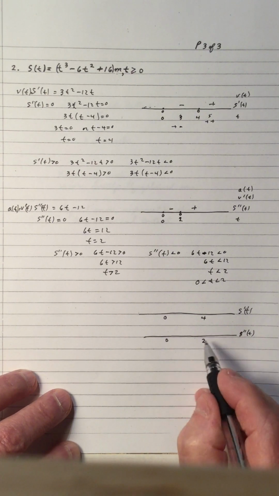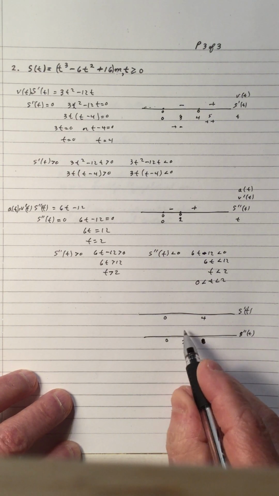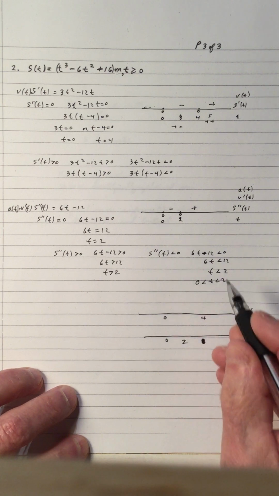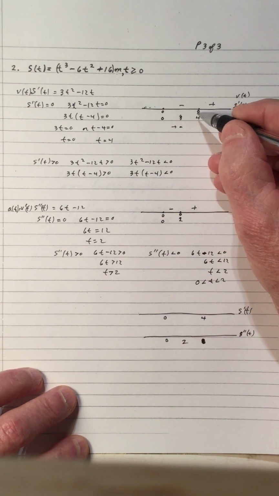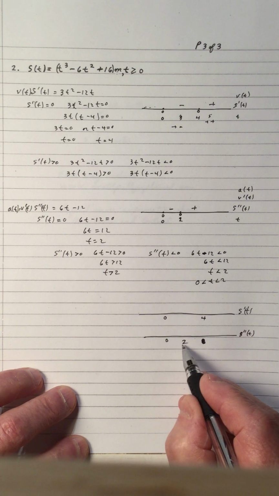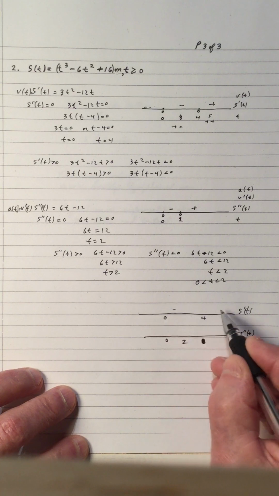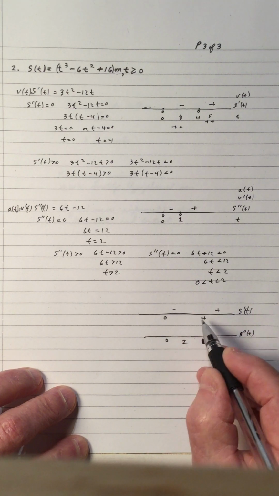So let's put that 2 in between here now. 2 is in between 0 and 4. So right here between 0 and 4 we got a negative, and it's a positive here.